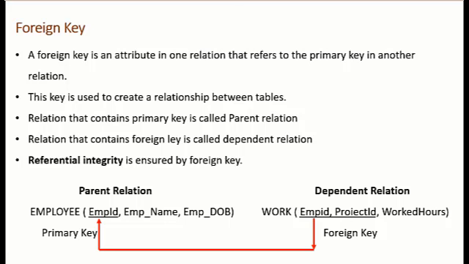So the employee relation contains a primary key, so it is a parent relation, and the work relation contains employee ID as a foreign key, so it is a dependent relation. It means that only data that exists in the parent table is allowed to be stored in the foreign key of the dependent relation.